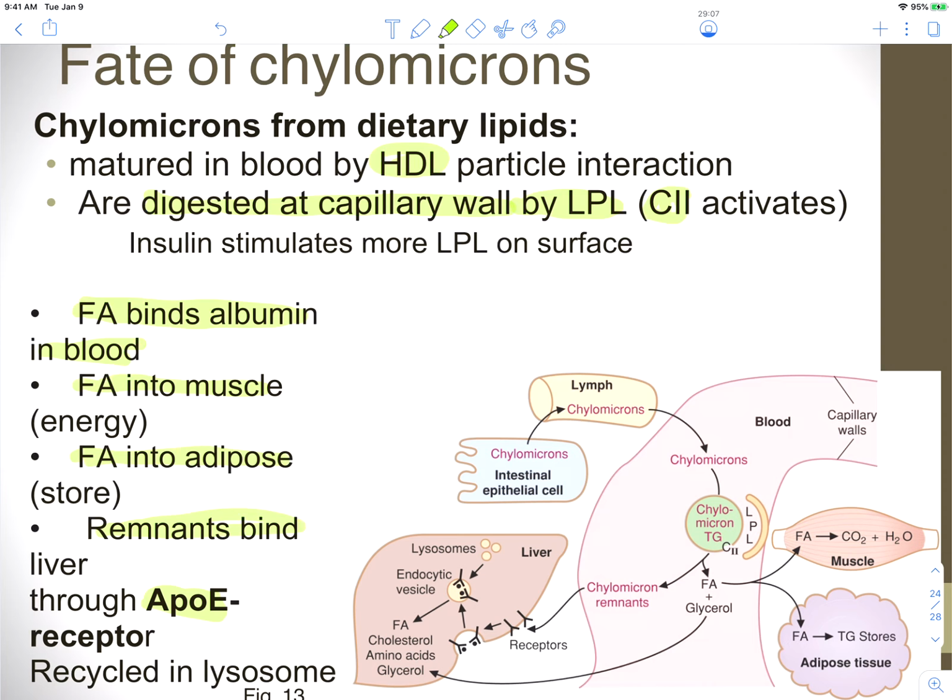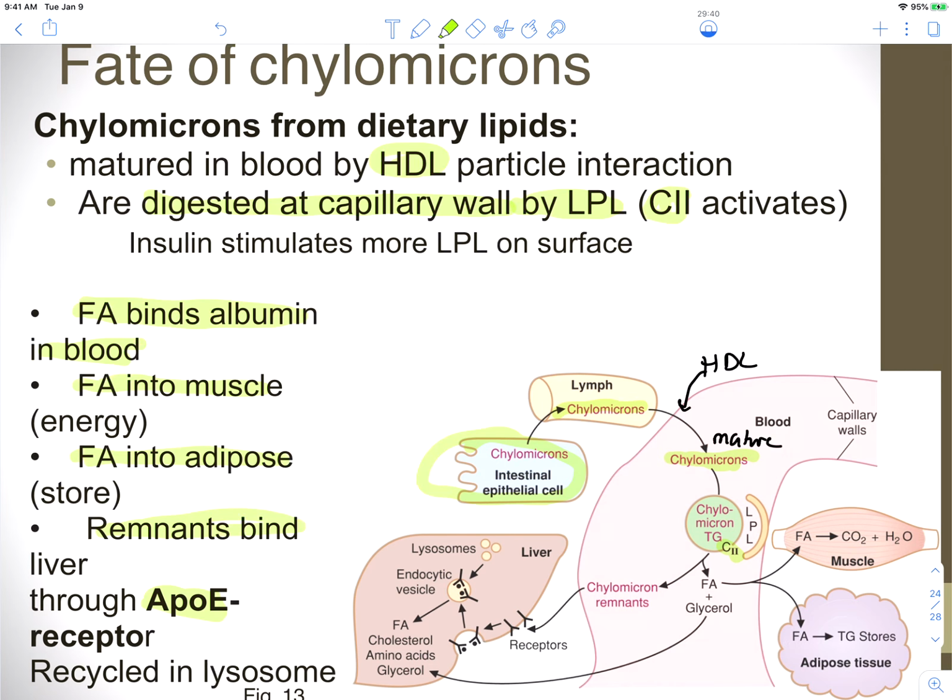So here we have our intestine epithelial cell. It's going to release that chylomicron. The chylomicron is going to go into the blood. The chylomicron has been activated or matured by your HDLs. So we can do an HDL maturation. And so by that C2, which was given to it by your HDL particle, it's being able to interact with lipoprotein lipase.